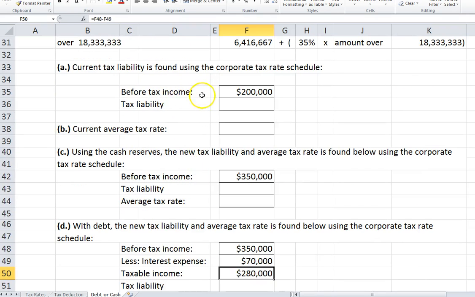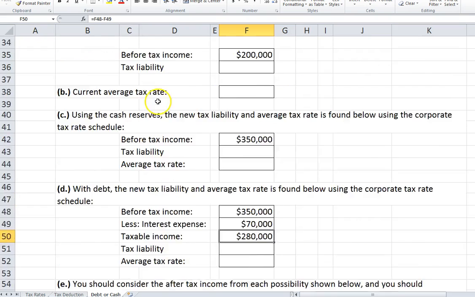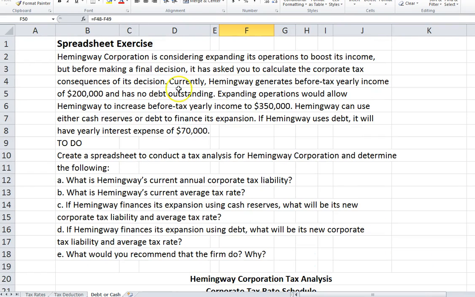So this is the current tax liability. This is if we use cash to buy, up here they're talking about an expansion. So if you read the top part of the problem, they want to expand their operations to boost income.